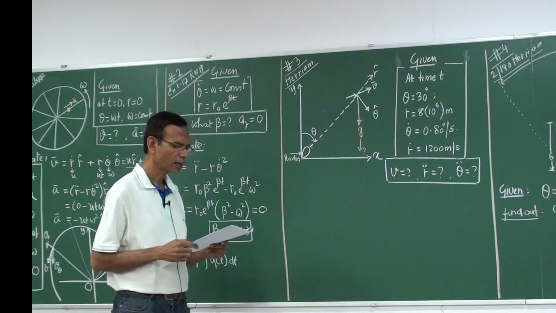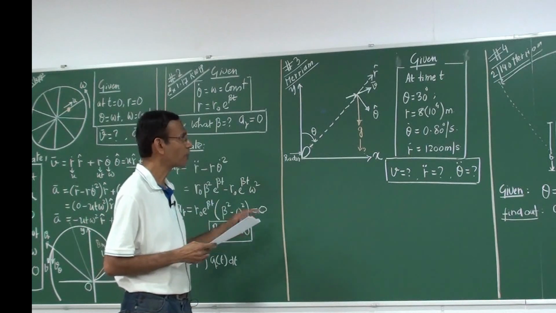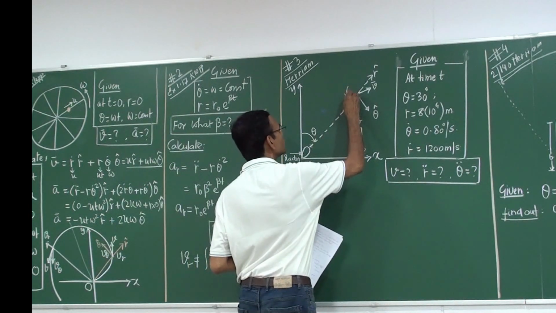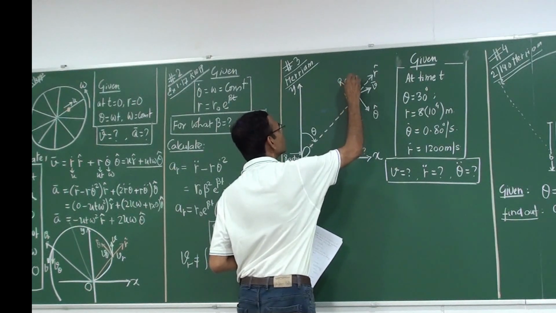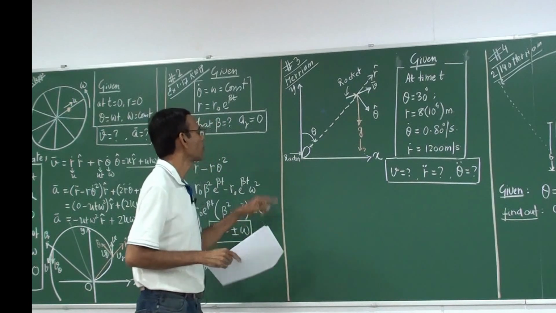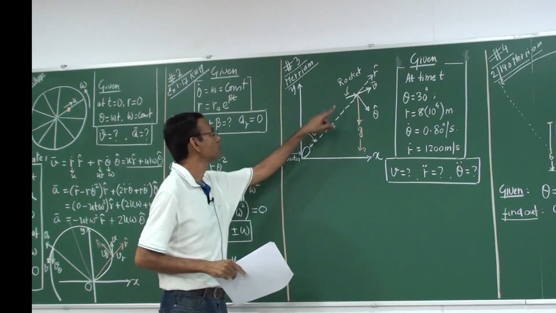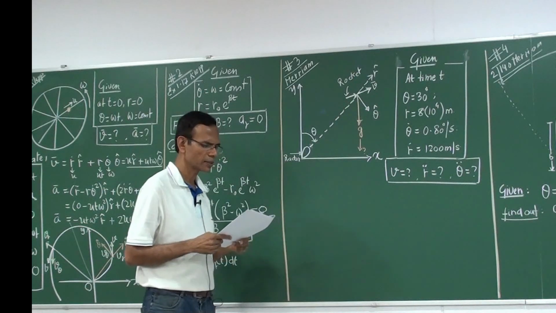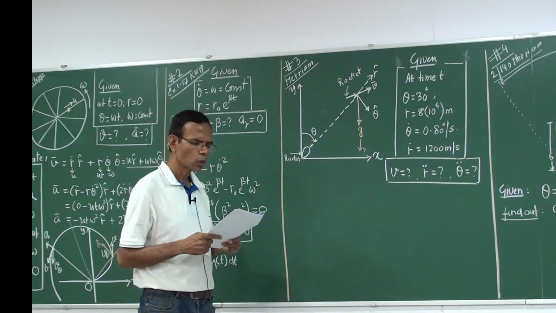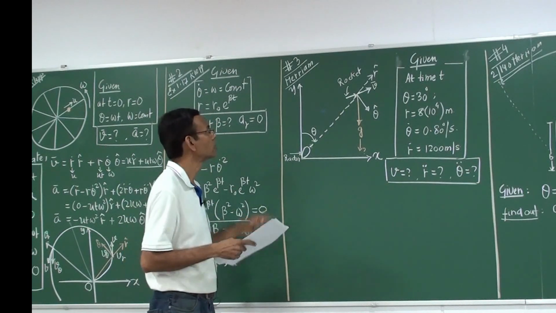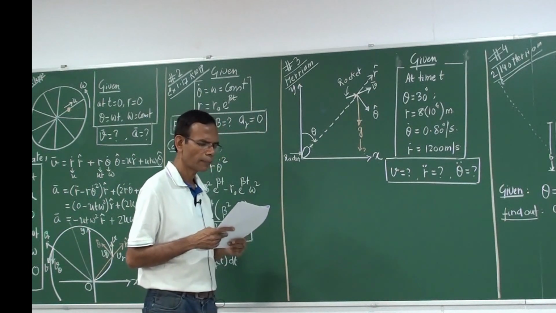A tracking radar lies in the vertical plane of the path of a rocket. So this is a rocket. The rocket is flying like this, which is coasting, unpowered flight above the atmosphere. So it is not powered. So above the atmosphere it is going.